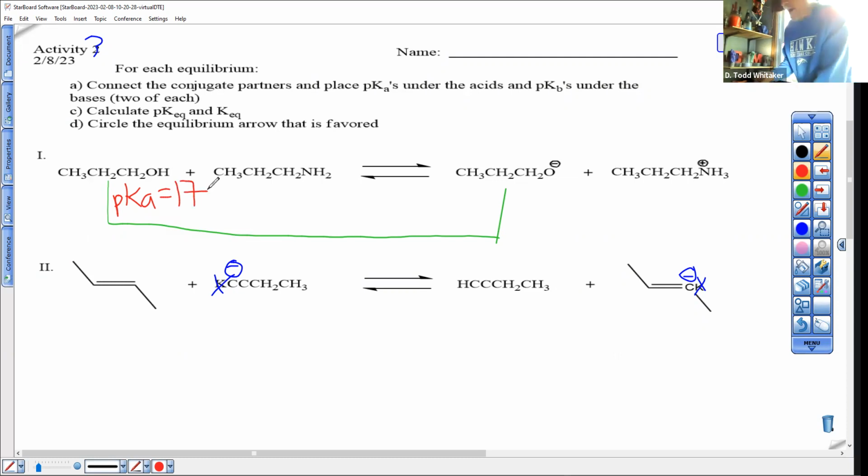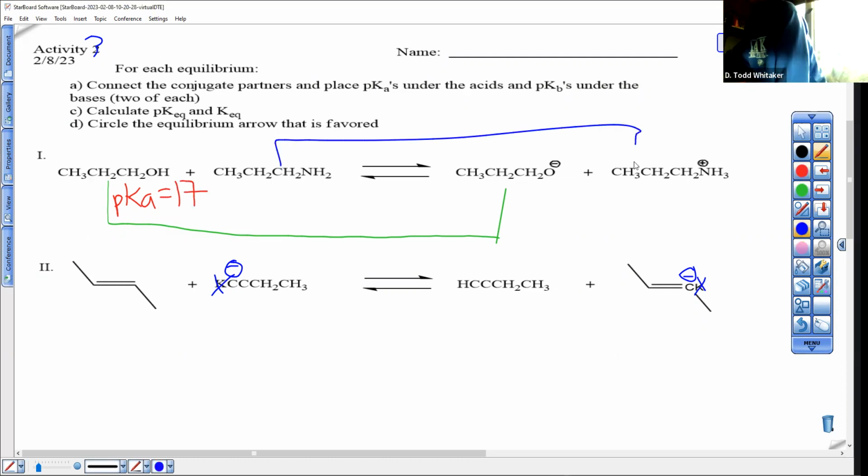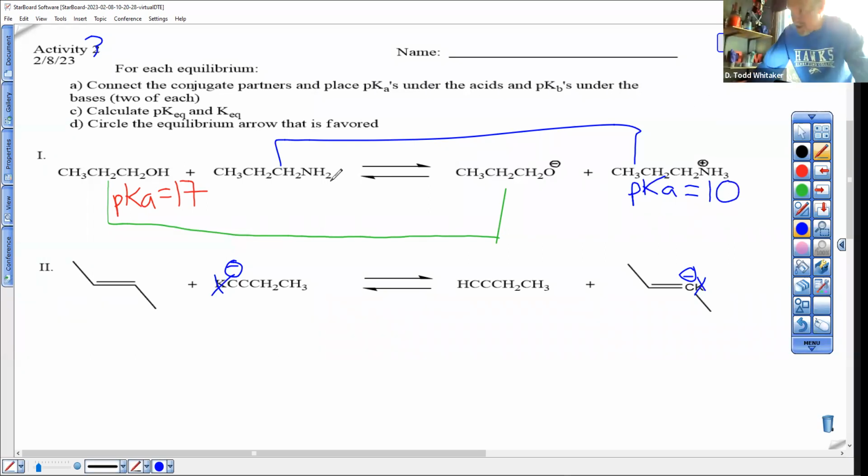Connect the other pair. Which one of those two has the extra proton? Answer, the one on the right. It's the acid. On that table that I told you you must learn, nitrogen shows up twice. If the nitrogen with the proton is a cation, like here, then the pKa is 10. You'll also notice this molecule's on the chart.